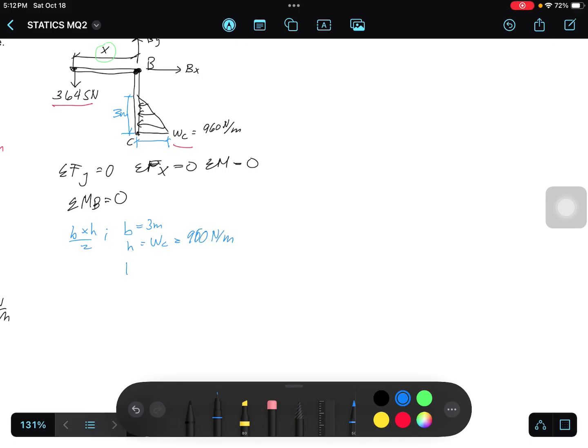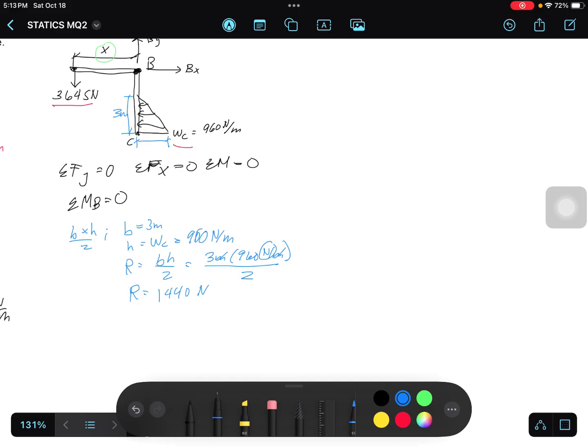So, let's now get the resultant. Resultant is yung area ng triangle na base times height, wherein base is 3 meters, times height, which is WC na 960 Newton per meter. So, makikita nyo, magka-cancel na yung meter. So, our R is equal to 3 times 960 divided by 2. 1440 Newton. Newton na lang natira.